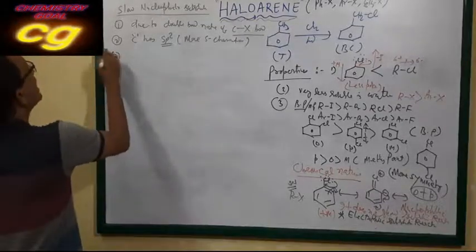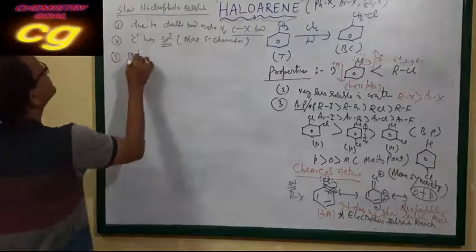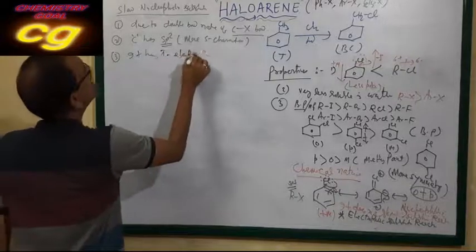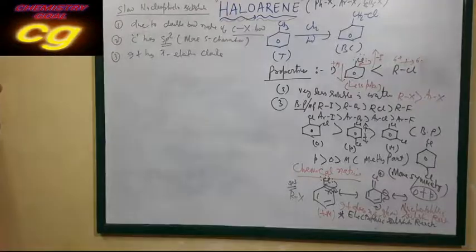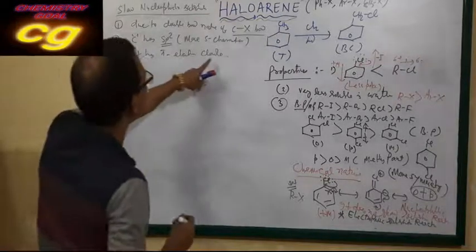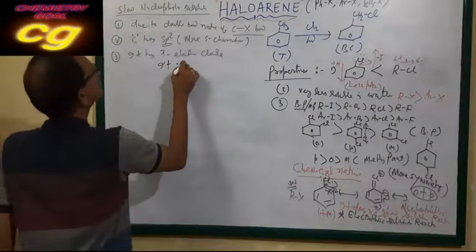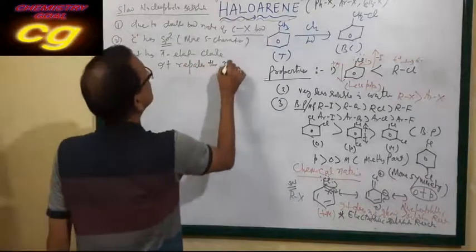The third one is, as benzene has a pi electron cloud, what happens? Due to the pi electron cloud, it repels the nucleophile.